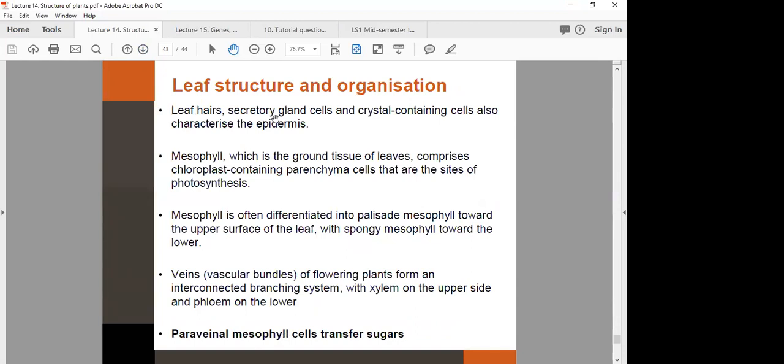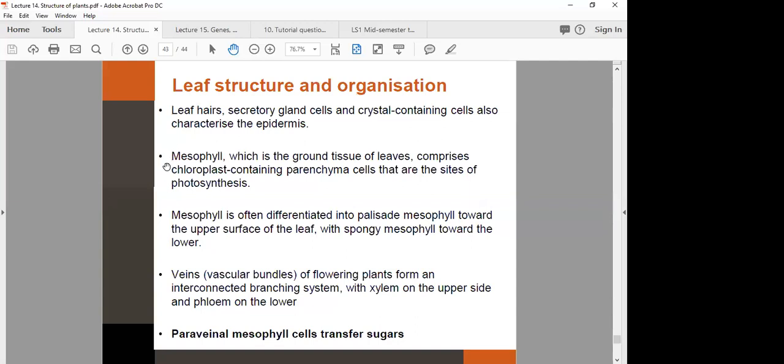Secretory gland cells, so we saw that oil gland in the leaf on the previous slide. Some cells will contain crystals. So for example, there's some species of grasses, if you run your hand along the blade of the grass, it'll feel very rough, and this is because of the crystals contained in those epidermal cells.